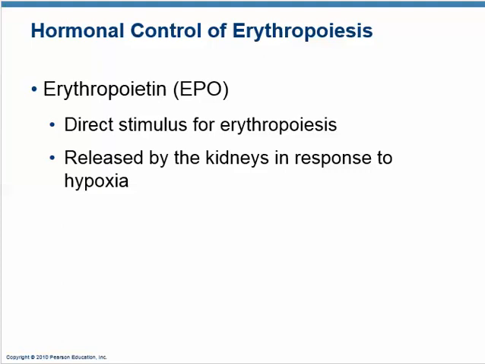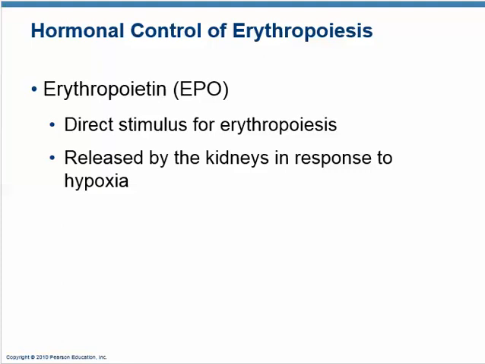It's the number 3 user of oxygen, behind the brain and the heart. So it's specially attuned to hypoxia. It will suffer from hypoxia before other organs because it uses so much ATP. It runs out of ATP quickly, and in response to that, releases this erythropoietin.